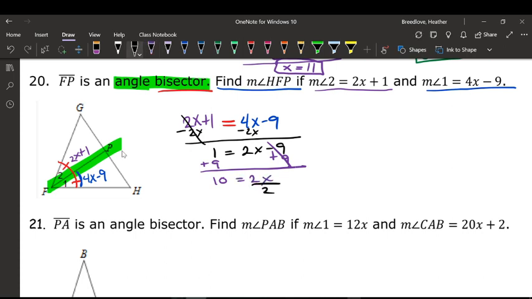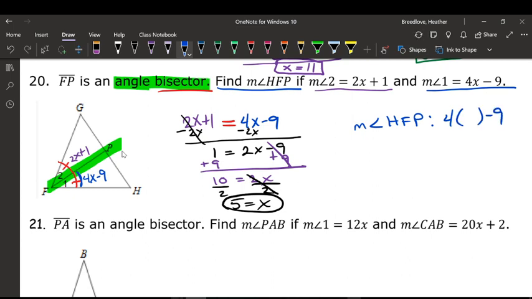And I can divide it by 2. So 5 equals x. But again, I'm not asked what is x. I'm asked for the angle. And I know that the measure of angle HFP is 4x minus 9. So instead of x, I'm putting a blank, minus 9.